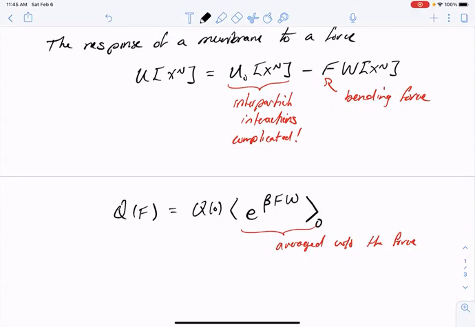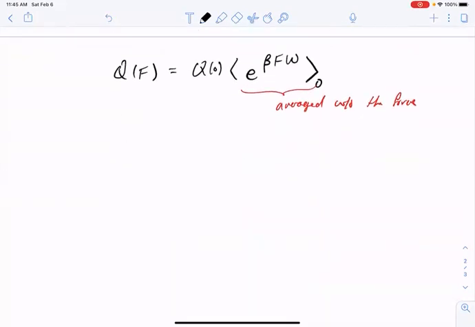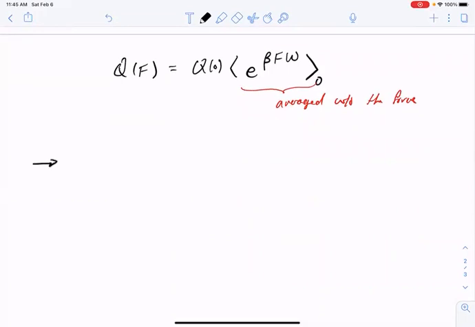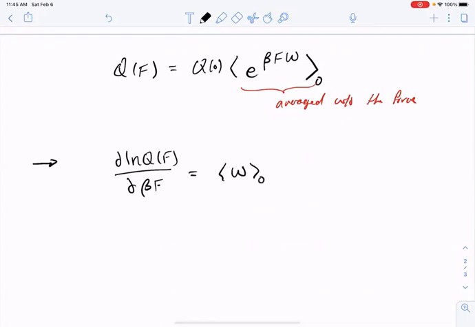The structure of a relationship between a partition function in the presence or absence of the force takes the same sort of form, which implies that if I was to, for example, take a derivative of the log of Q in the presence of that force with respect to beta times the force, I would get the average curvature in the presence of the force.